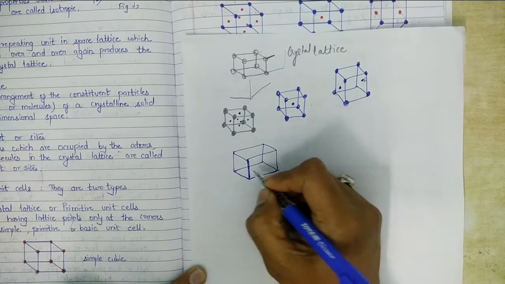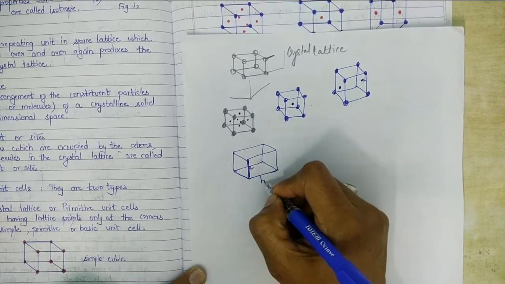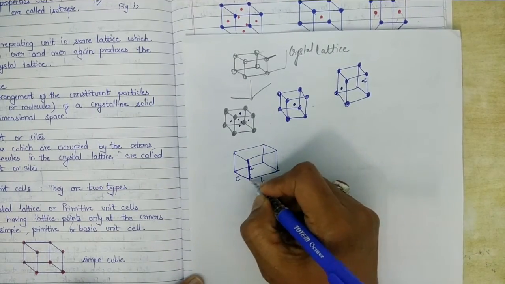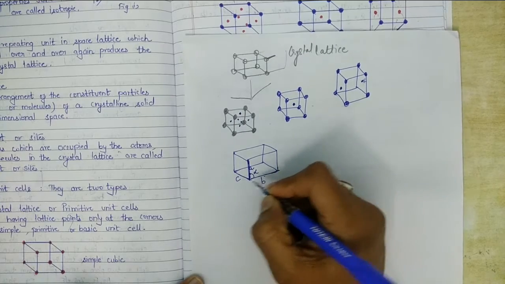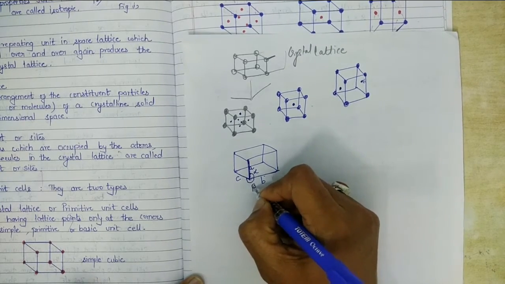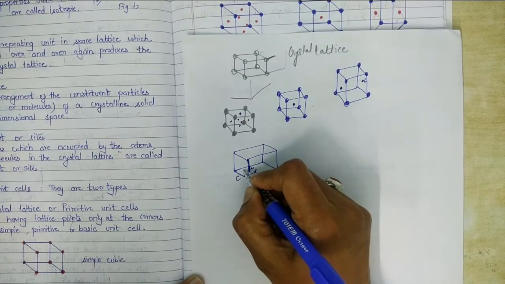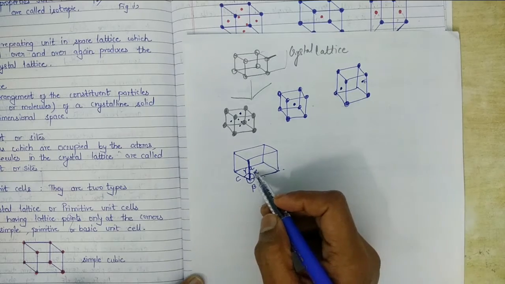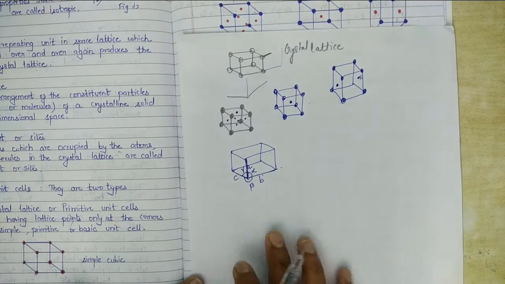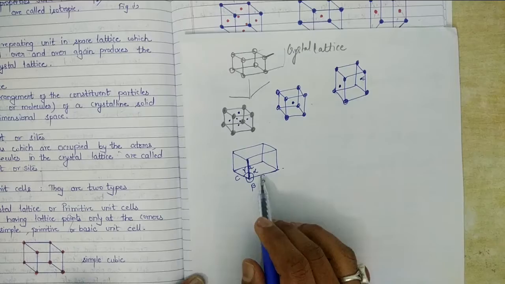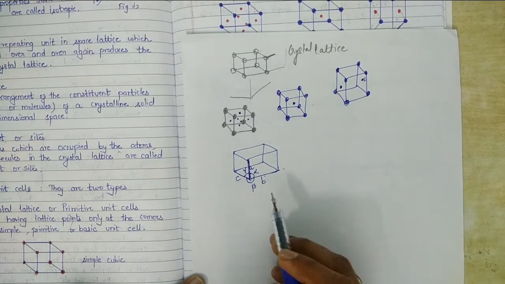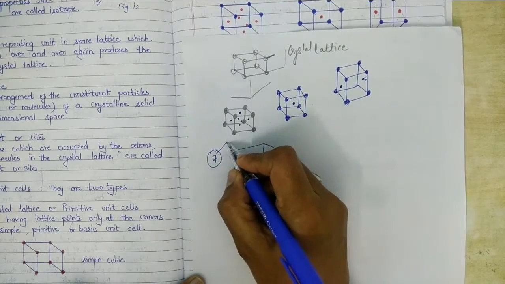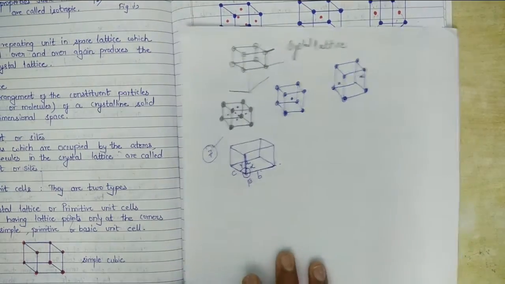Let us consider this edge as A, this as B and this as C. Now between A and B is the alpha angle, B and C the beta angle, and C and A the gamma angle. So these are the axial distances and these are the angles. These can be different, the same, or one can be the same and the other different, and with that we get the 7 primitive unit cells.